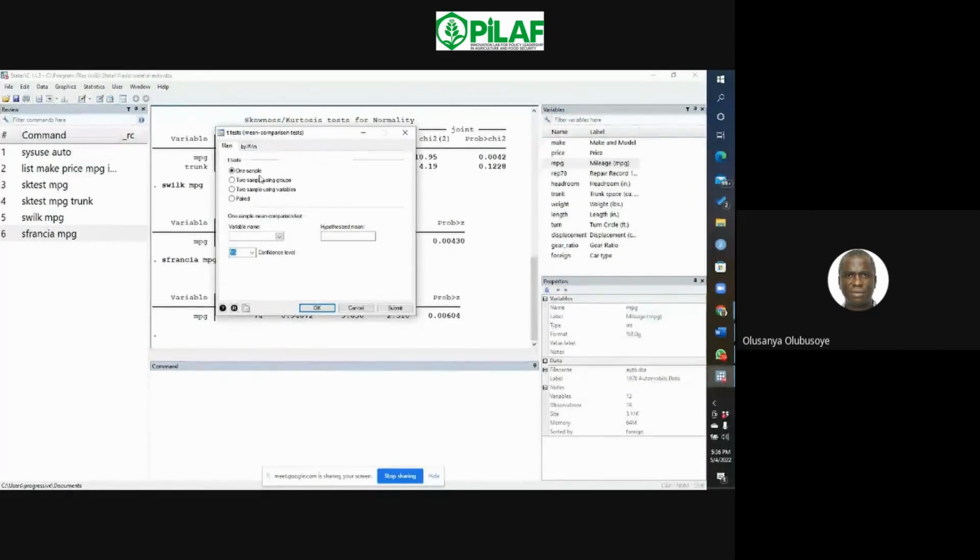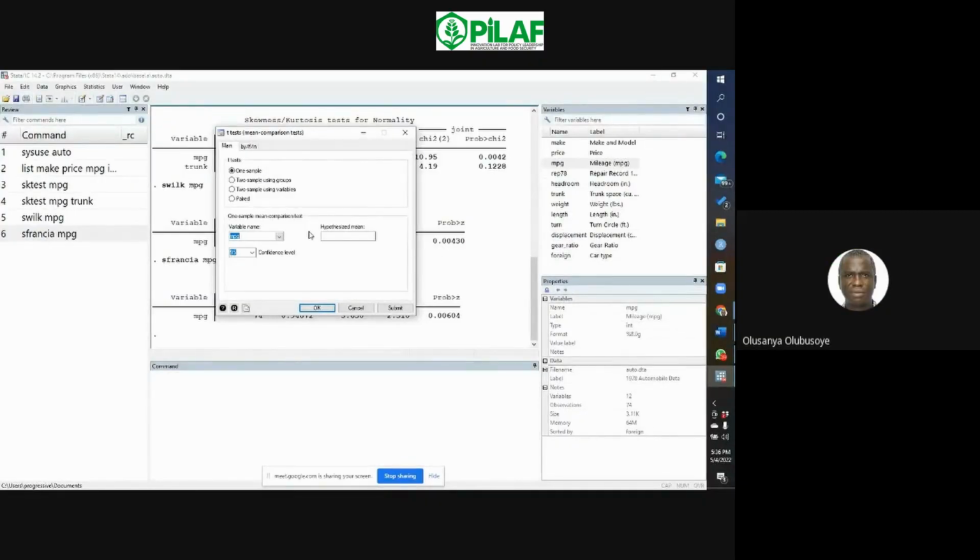When you have only one variable. So let's say in this case, the variable we are interested in is the MPG. So when you are using the t-test, you need to specify the hypothesized mean.